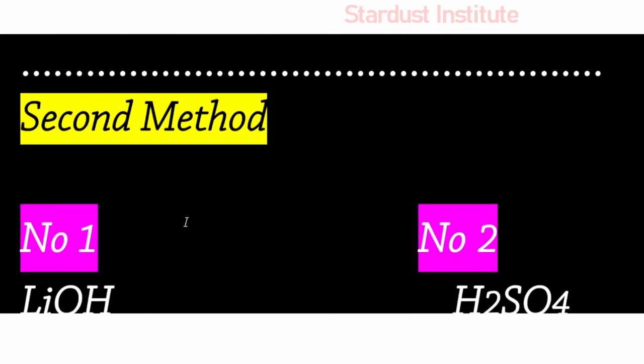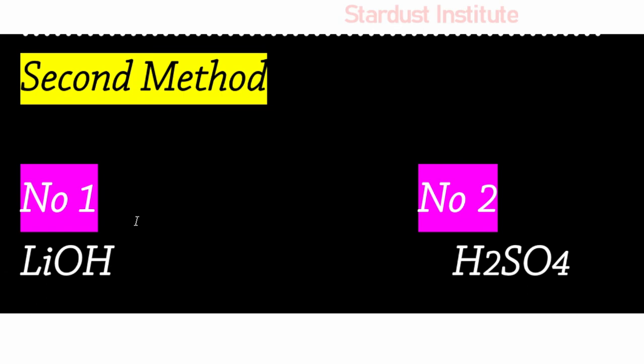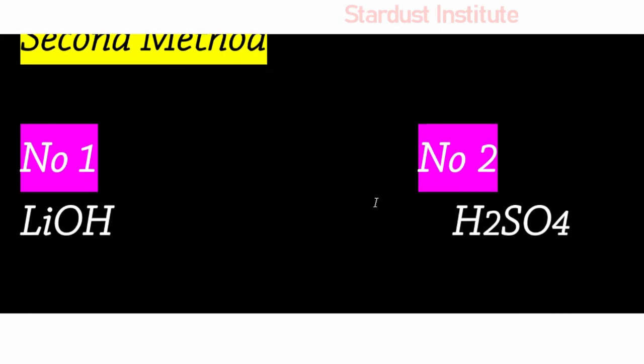There are two chemical solutions here. One is lithium hydroxide, the other one is H2SO4. We can take lithium hydroxide solution as number 1 solution, H2SO4 solution as number 2 solution. If we want, we can take lithium hydroxide solution as number 2 solution and sulfuric acid solution as number 1 solution. There's no problem there.